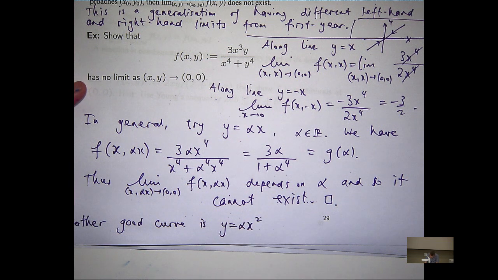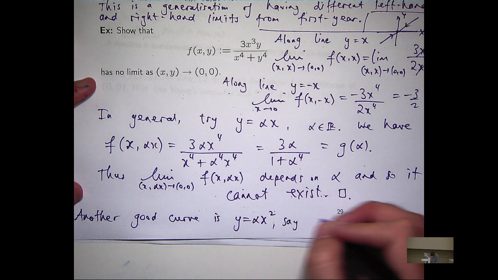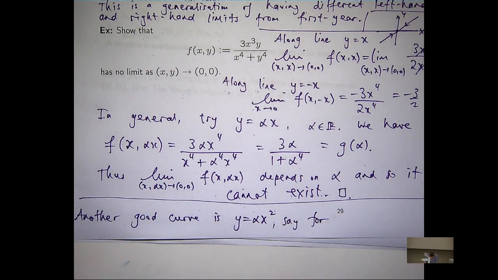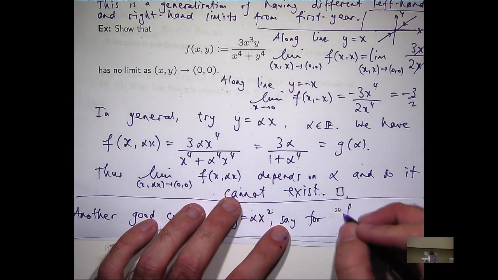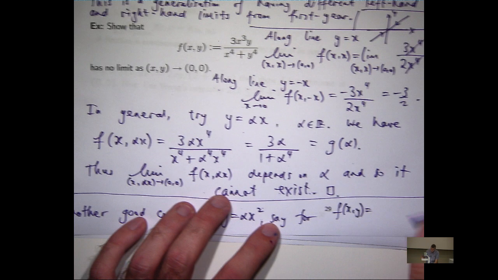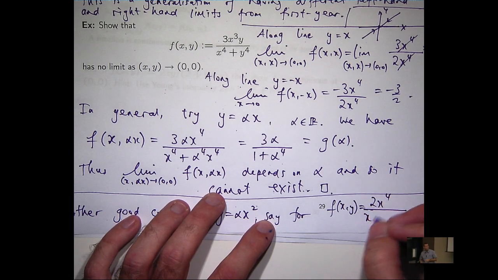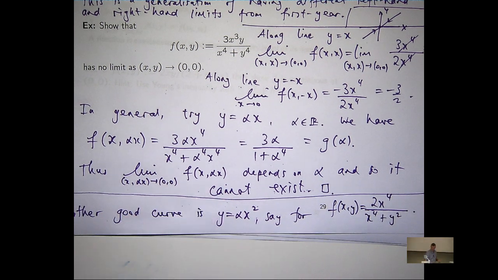Say for f of x, y, 2x to the 4th over x to the 4th plus y squared, where we're approaching the origin. Another good curve is that one.